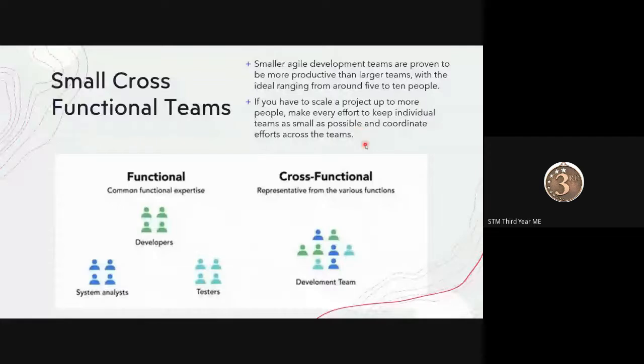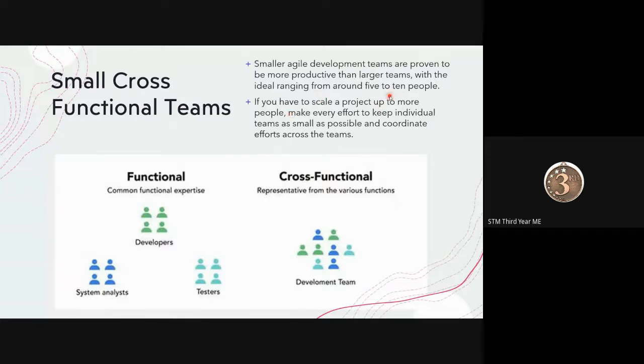So if you have more than 10 people, we always require a small team, but we keep multiple teams. A formation of 10, then the next formation of another team. All are cross-functional teams, but separate teams are formed to coordinate the efforts or to scale down the project.